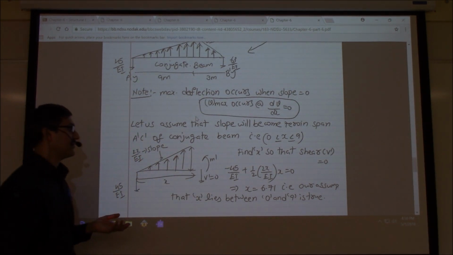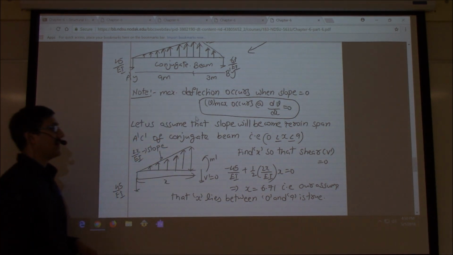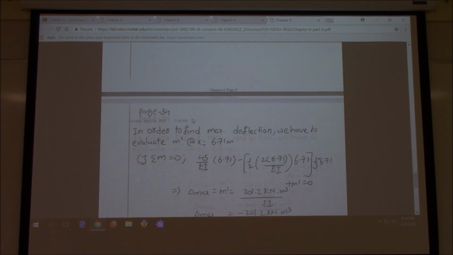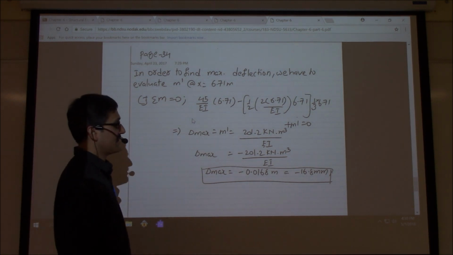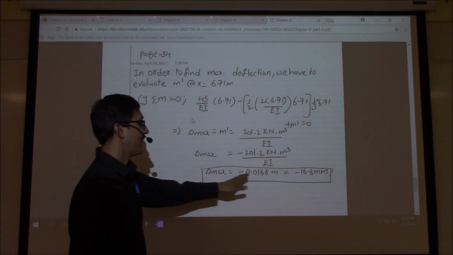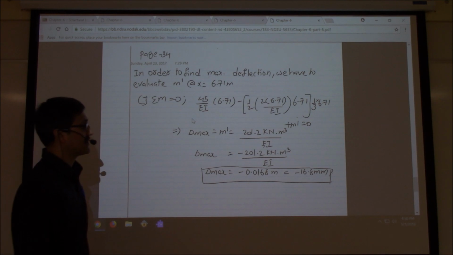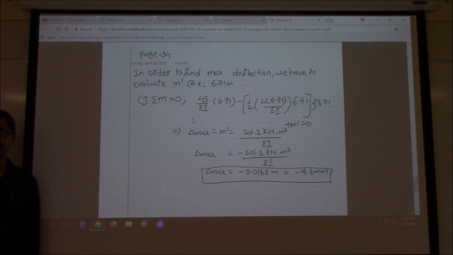So now that I know that the deflection is maximum at 6.71 meters, what I have to do is evaluate the bending moment at x equal to 6.71 in the conjugate beam to find out the maximum deflection in the real beam. That is what I have done here using method of sections, which is pretty easy. After all the calculations, I evaluated the maximum deflection to be minus 16.8 mm in the real beam.